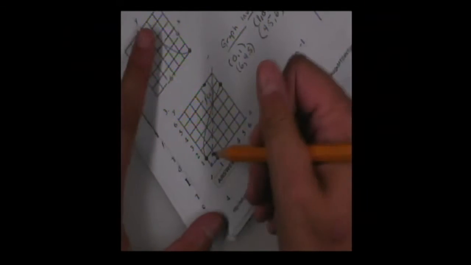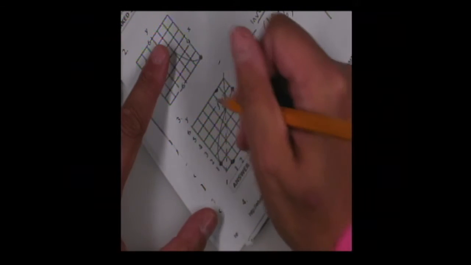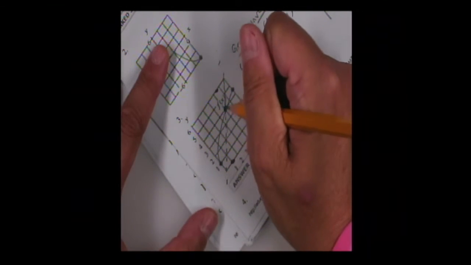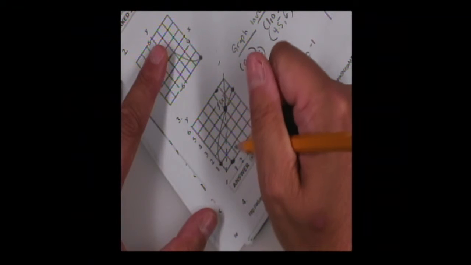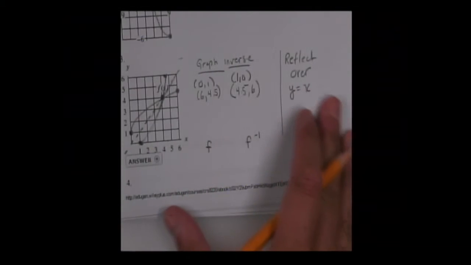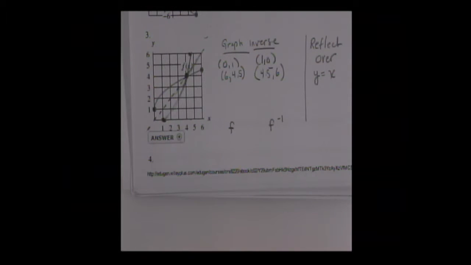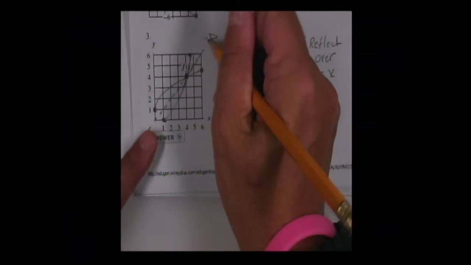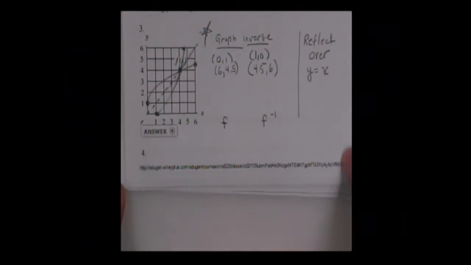I told you, I am visually challenged with these things, so I sometimes turn it so that the line is going straight up and down. The nice part is any point that falls on the line y equals x is going to fall on both of them. So I'll use the line y equals x to help plot that as well, and a few other points. If I want to be really precise, I might pick a few other points. So, hopefully if you're given something, you can graph the inverse.